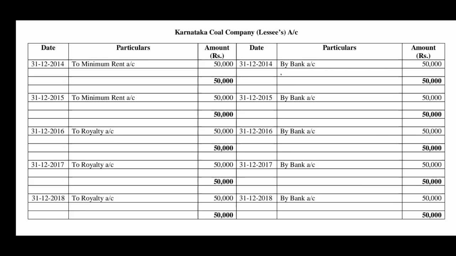Similarly, lessor will prepare royalty account, short workings allowable account and lessee's account. No minimum rent account is prepared by the lessee or lessor; without opening such minimum rent account the effect is given. That is shown in the next problem.